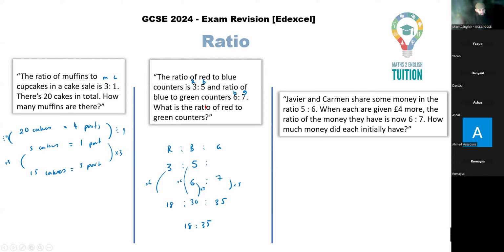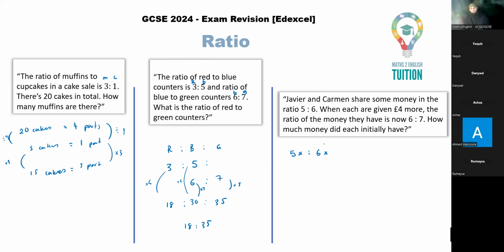Okay, so what we're going to do in this scenario is say that 5 and 6 are a scale factor. So we can write that Javi and Carmen had 5x and 6x. We don't know the amount, but we know it's a scale factor of x times 5 and x times 6.